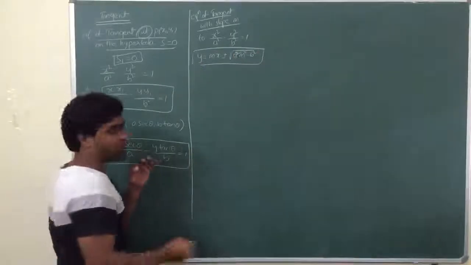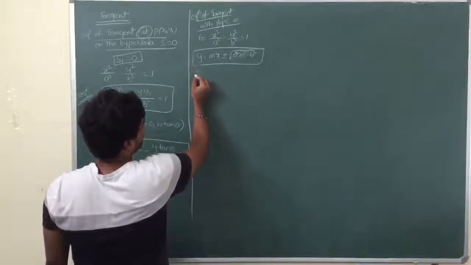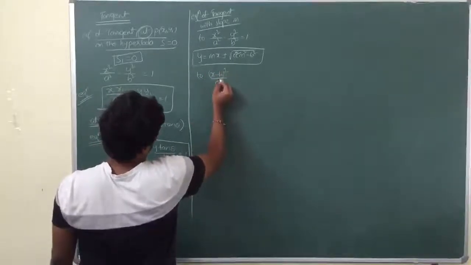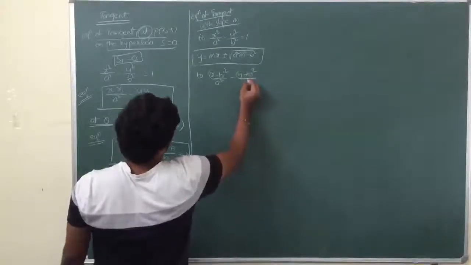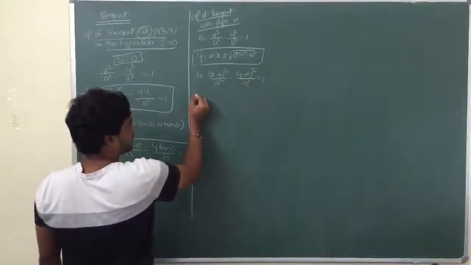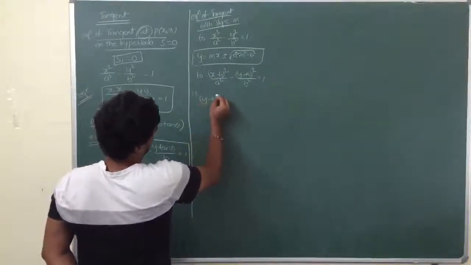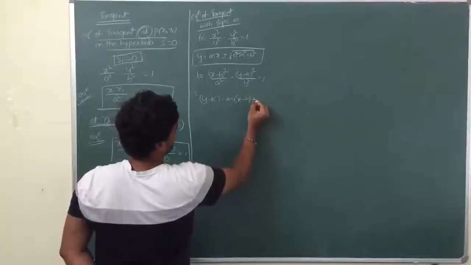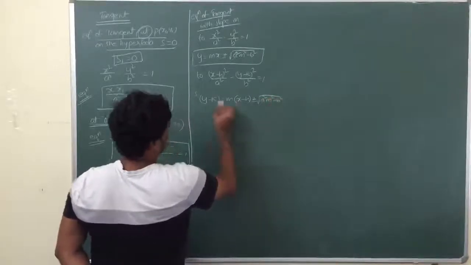So equation of tangent with slope m to (x minus h) whole square by a square minus (y minus k) whole square by b square is equal to 1: y minus k is equal to m into (x minus h) plus or minus under root a square m square minus b square.